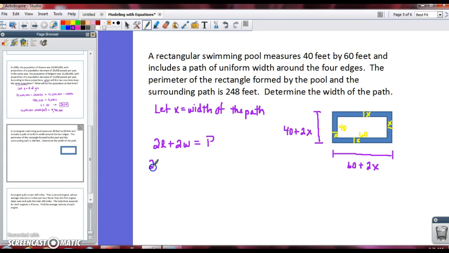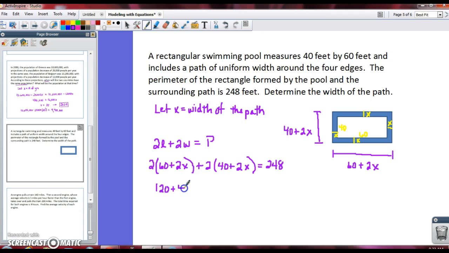So 2 times the length, so 2 times (60 plus 2x) plus 2 times (40 plus 2x) gives us our perimeter of 248. Again, it just becomes a very straightforward linear problem.